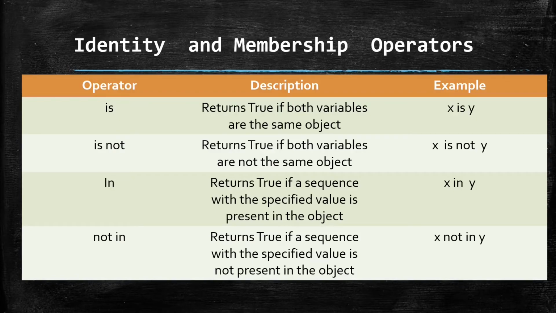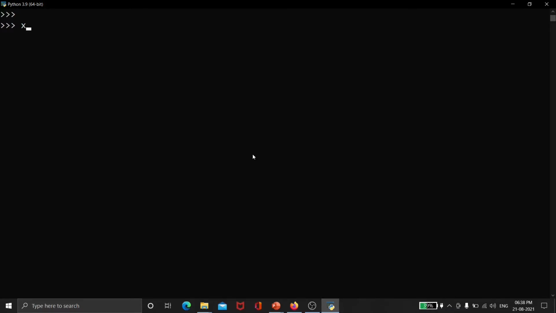Let us see the implementation in a Python shell. We use a variable x with the value 1, and let's check it, it's 1. We will create a variable named ls and give the sequence 1, 2, 3, and press enter and check the value 1, 2, 3.